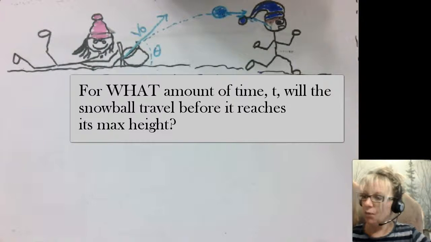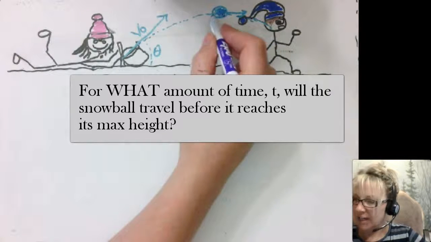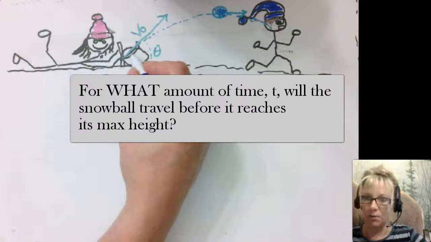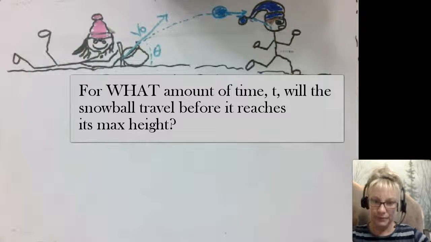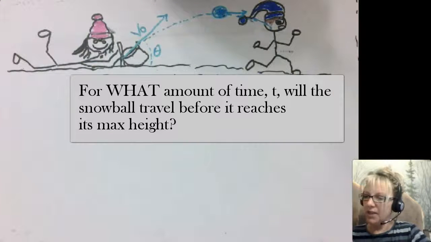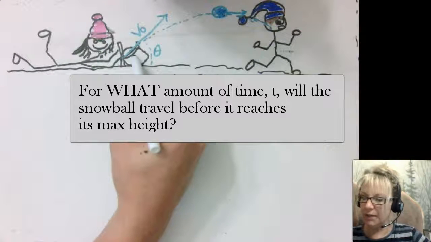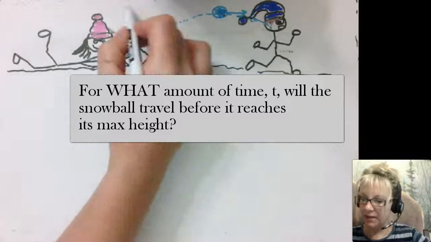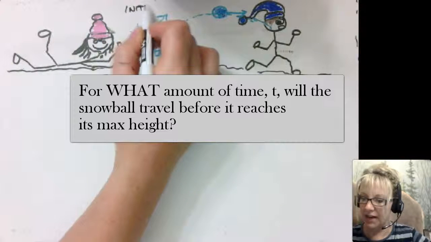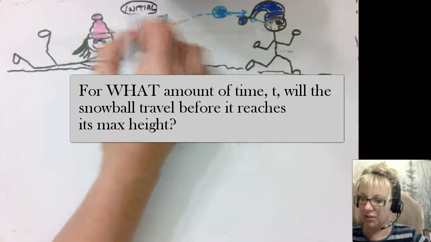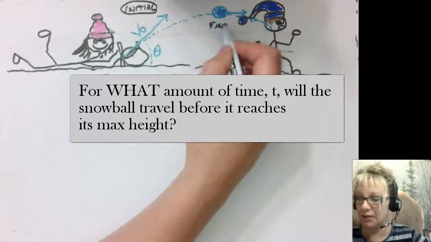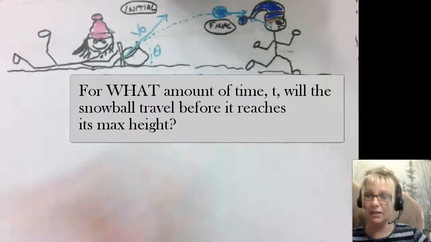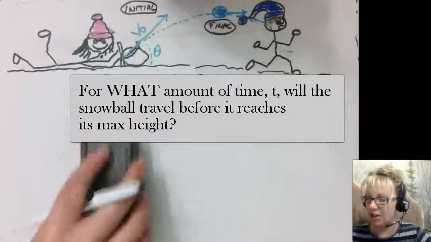We are interested in the amount of time it takes the snowball to get from here up to here. So this is my initial moment, and I can jot that up on top. This is the initial moment in time, and for this particular problem, this is the final moment in time because that's the question.